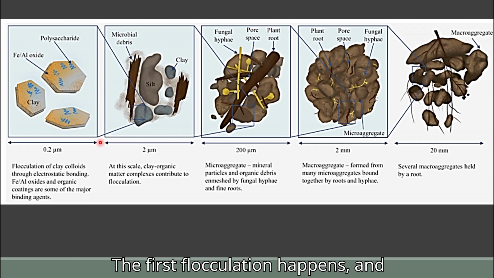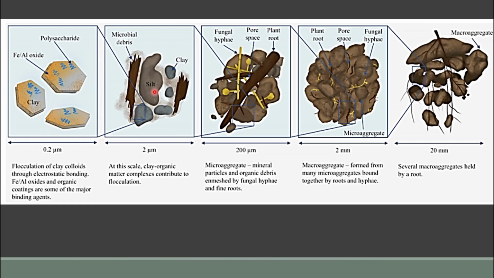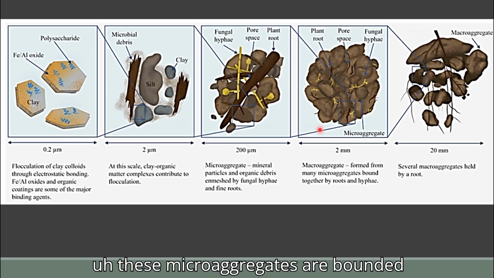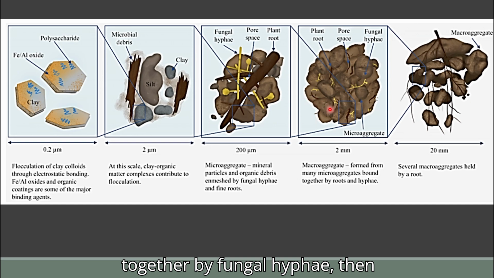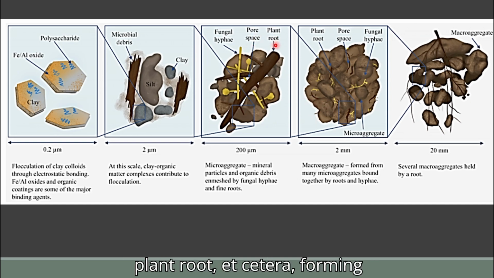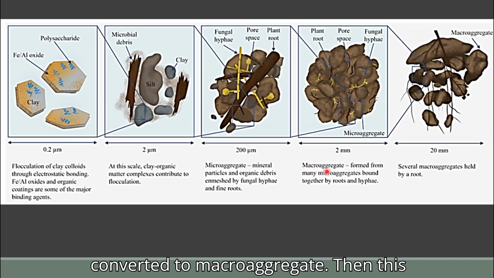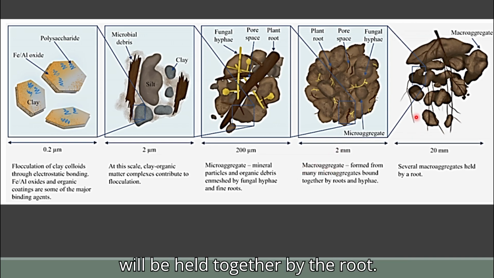So first flocculation happens, and silt, clay, and microbial debris all form what is known as microaggregate. Then these microaggregates are bound together by fungal hyphae, then plant roots, etc., forming macroaggregate. With the help of other stabilizing agents like fungal hyphae, these microaggregates will be converted to macroaggregate. Then this will be held together by the root.